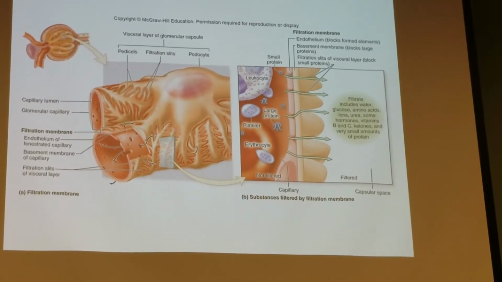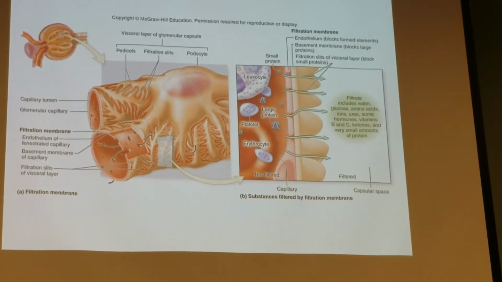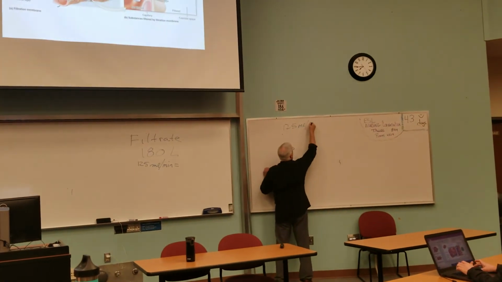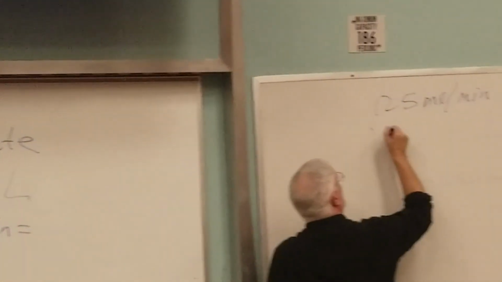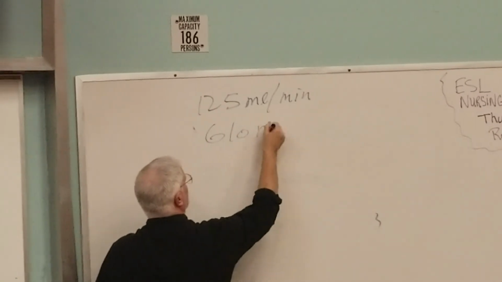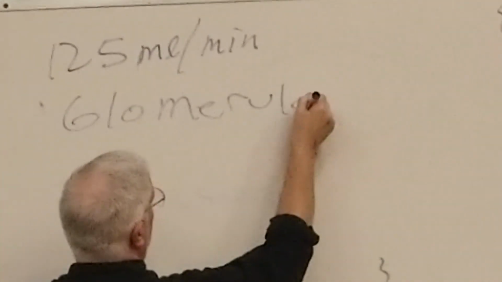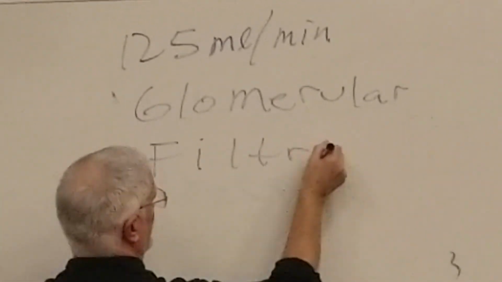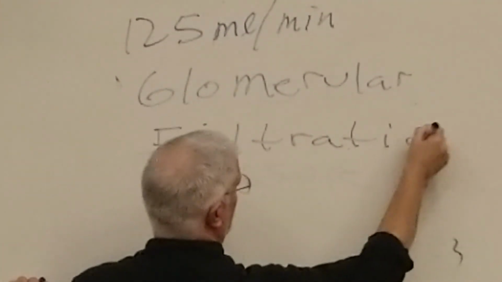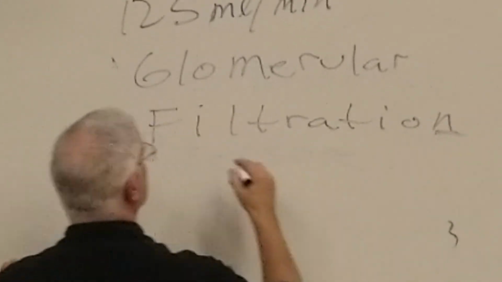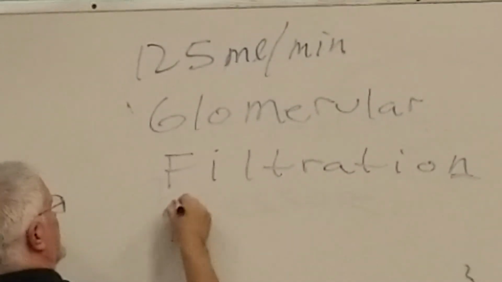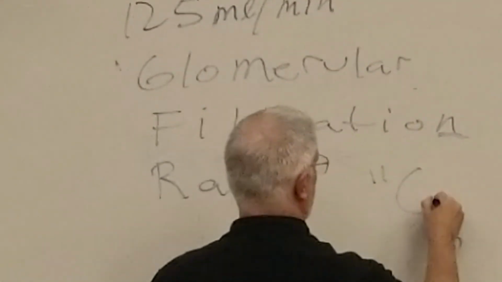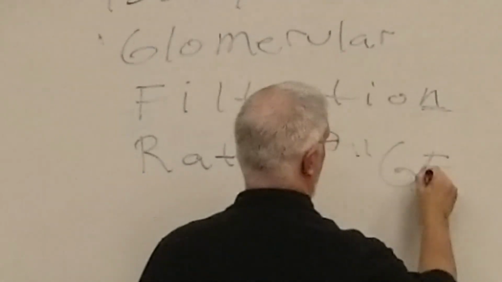So that 125 milliliters per minute is also known as your glomerular filtration rate, otherwise known as GFR.